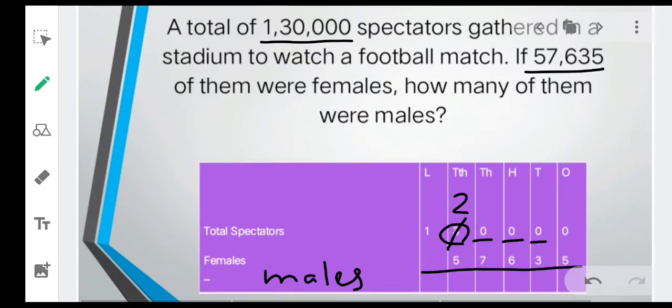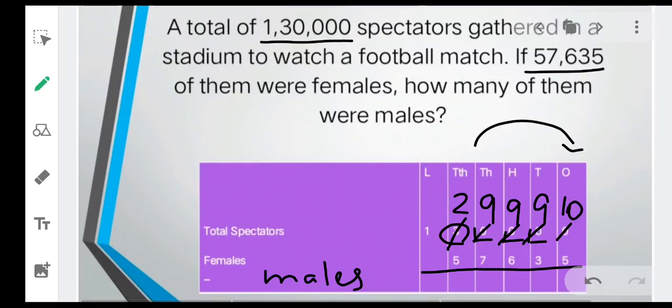We give 1 to the 1,000 column, but again we have to go to the ones column, so we continuously deduct 1 from this also. So 10 minus 1 becomes 9. Same process, 10 minus 1 becomes 9. Again 10 minus 1 becomes 9, and we give this one to the ones column.